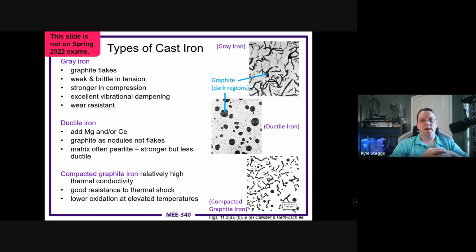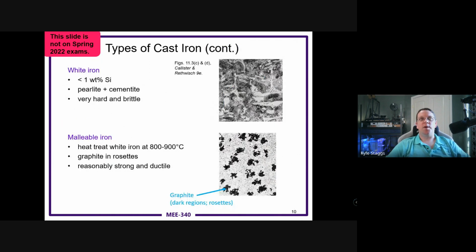So a lot of really high-end cast iron cookware and things are going to be something like that. They also have lower oxidation at elevated temperatures, so that's another problem that you tend to fight with cast irons, is that tendency to rust or degrade. So the higher the grade, the less there will be.